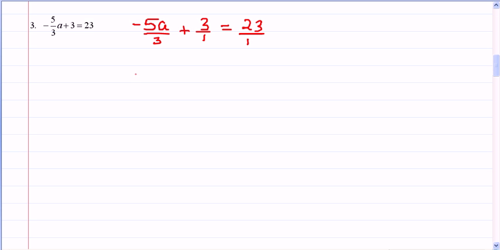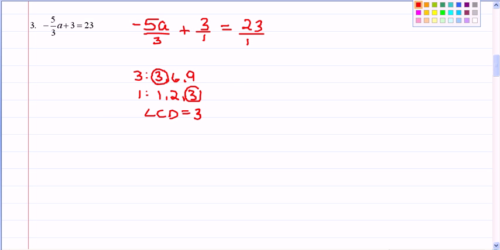So I find my common denominator, I list the first few multiples of 3, and then of 1, and the smallest number that they have in common is 3, so my least common denominator is 3. So once you determine your least common denominator, you want all of your denominators to be 3.